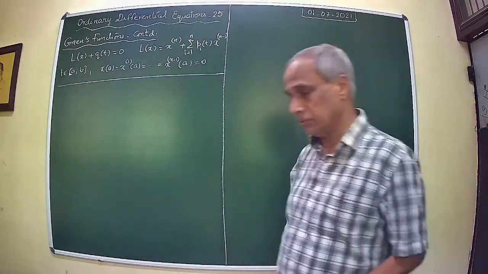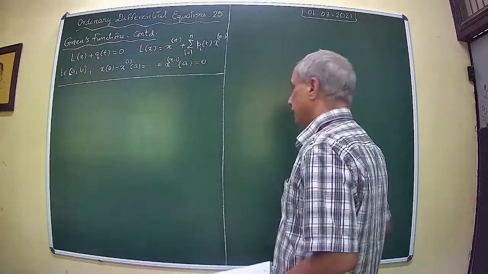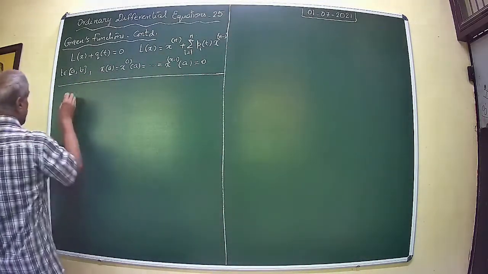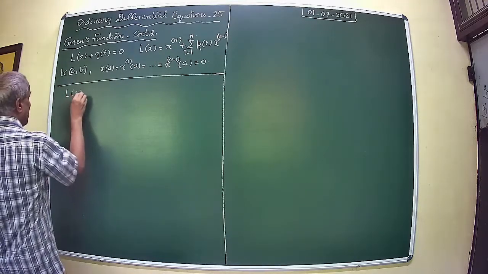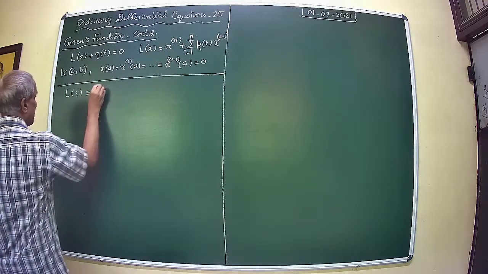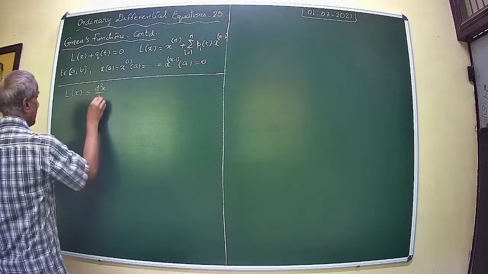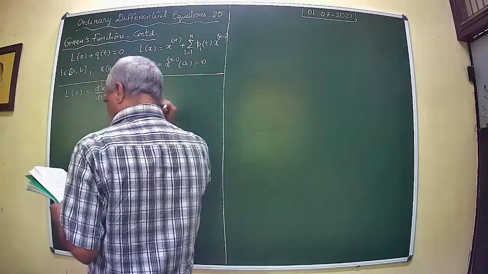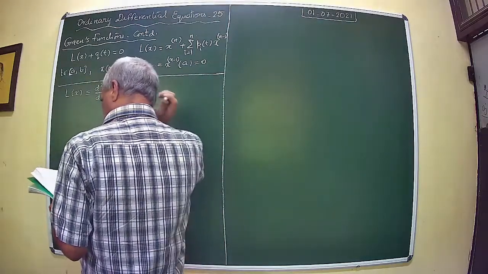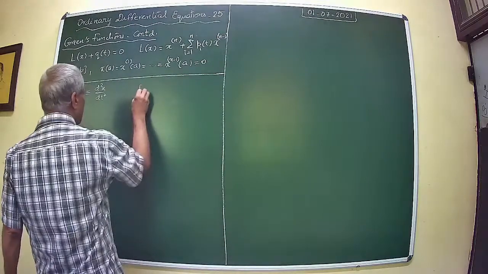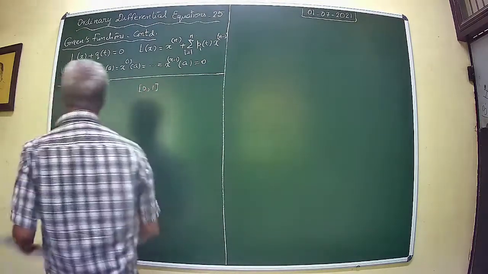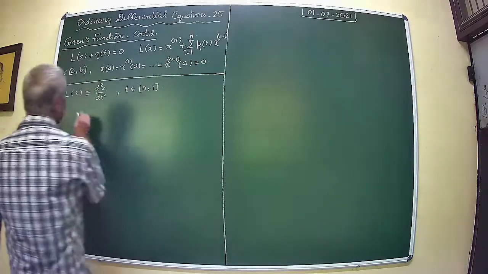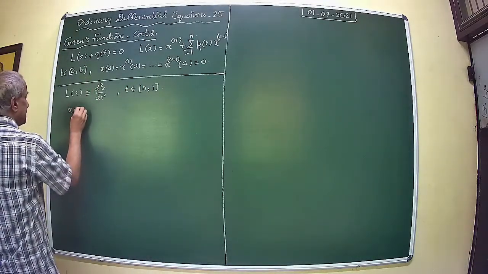So let me start now. We continue from where we left last time. So we got the problem Lx equal to, we had for the interval 0 to 1, with the initial conditions.